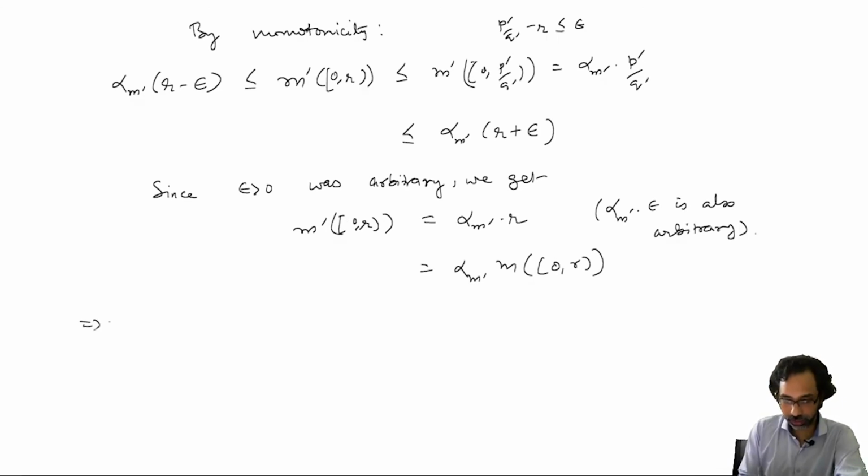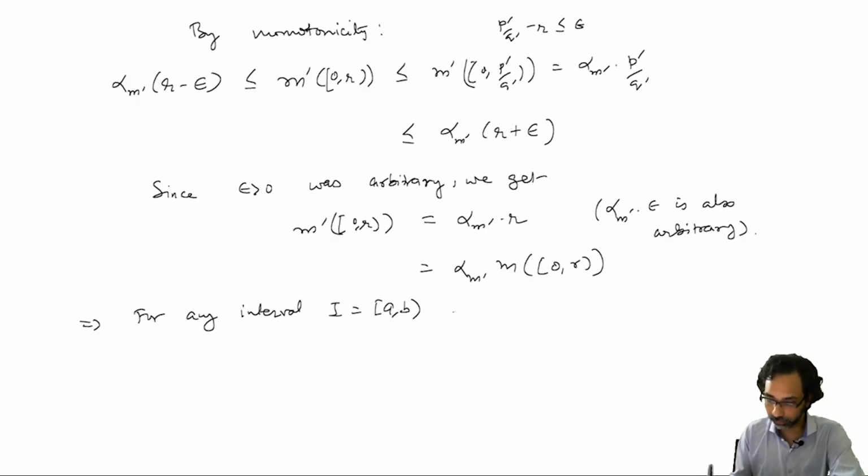Now this easily implies it for any interval I of the form A, B, then you can shift by translation invariance, you can shift the starting point to 0.